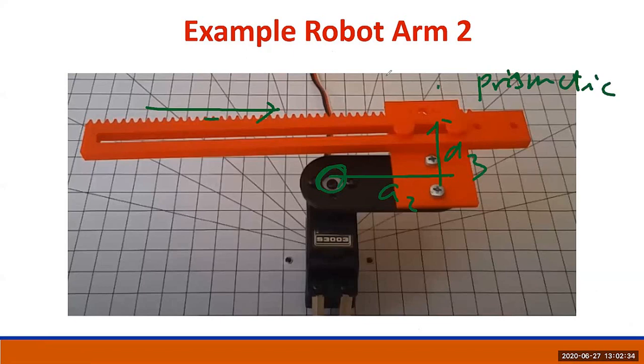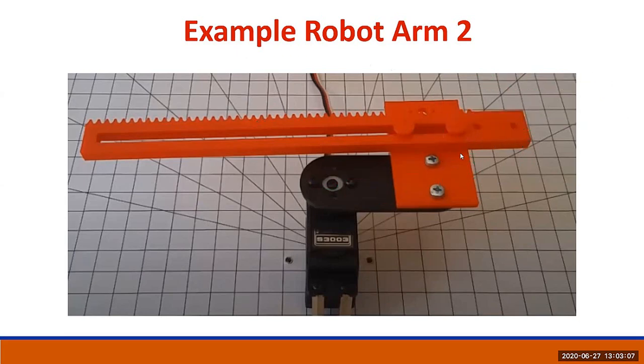So the distance from here extended to outside for your extender and your end effector, basically this distance from your 0 to where you extend, that is the variable D. We will see this as the variable from the joint in the prismatic arm. So this one is robot arm number 2.